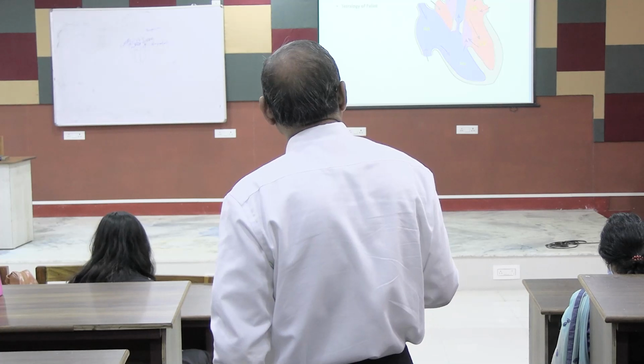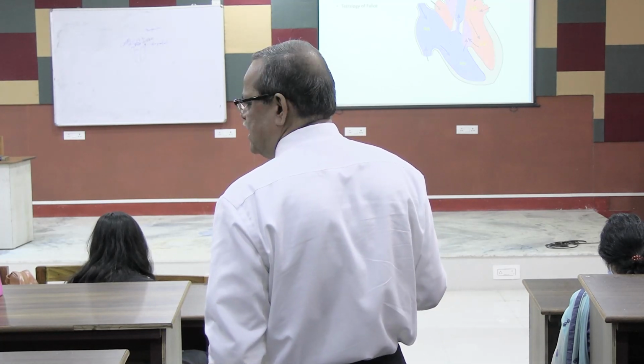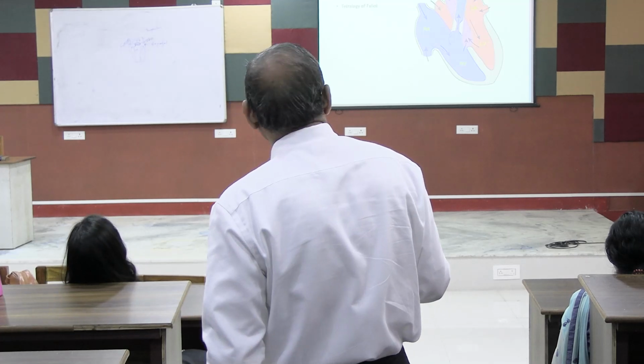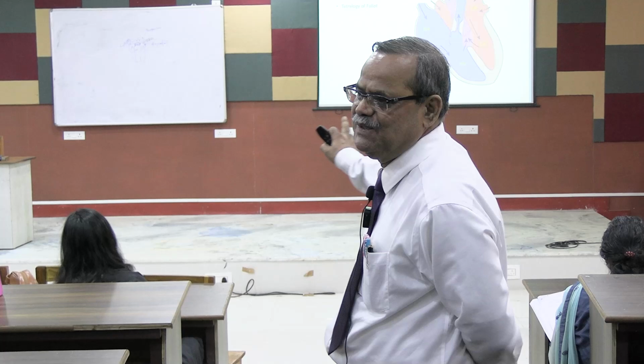As there is a direct communication, they go directly to the brain. These bacteria in the brain can give rise to infection called brain abscess. So brain abscess may be one of the complications related to tetralogy of Fallot, just like hemiplegia.